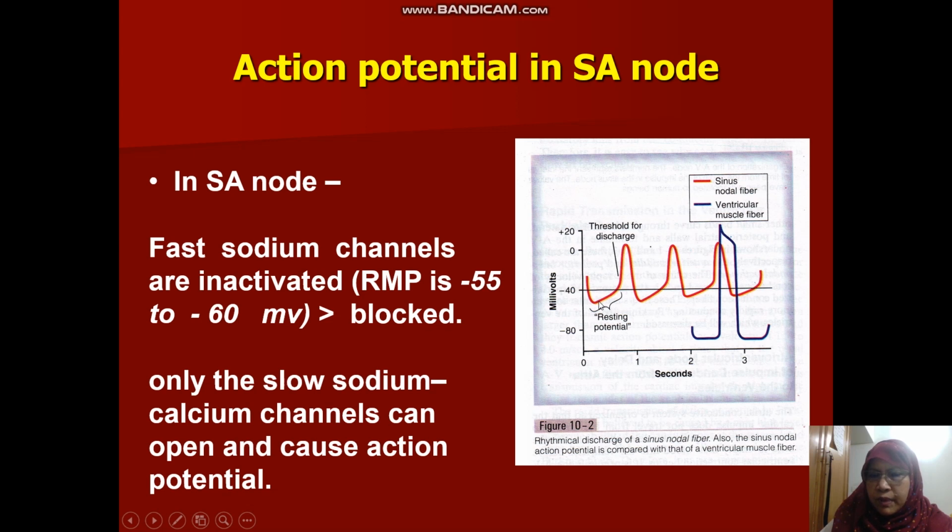Its resting membrane potential is minus 55 to minus 60 millivolts, and the depolarization wave is due to slow sodium calcium channels. Depolarization is influx of sodium calcium ion, and repolarization is again due to potassium efflux.